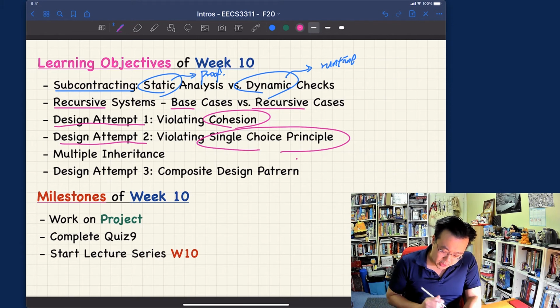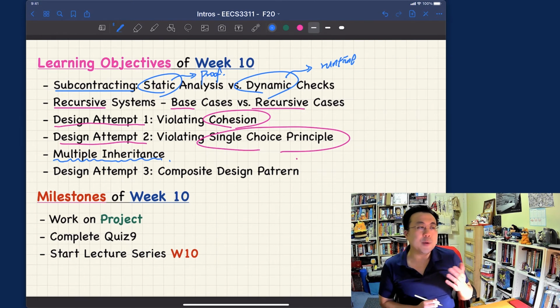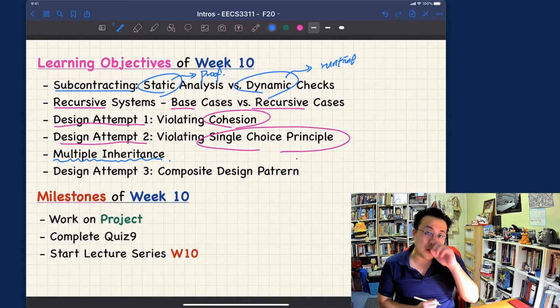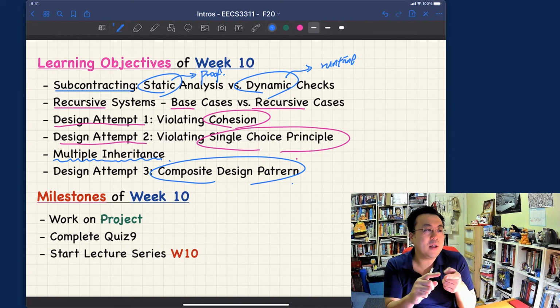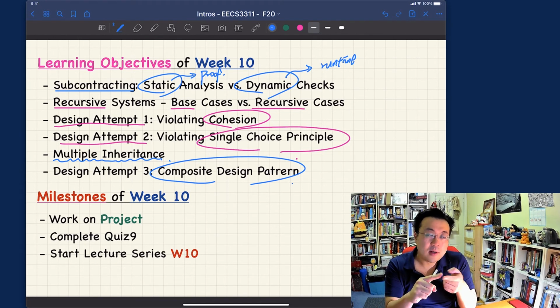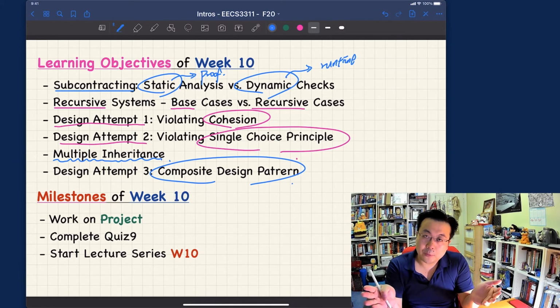Before we finally talk about the composite design pattern, we talk about multiple inheritance, which is a very useful design construct that's available in Eiffel. I also spoke a little bit about how you can support this to a very limited extent in Java. You can take a look. And finally, we talk about the composite design pattern. We'll talk about its static architecture, its implementation, and testing it at runtime, and also tracing it using a stack because it's like a recursive call.